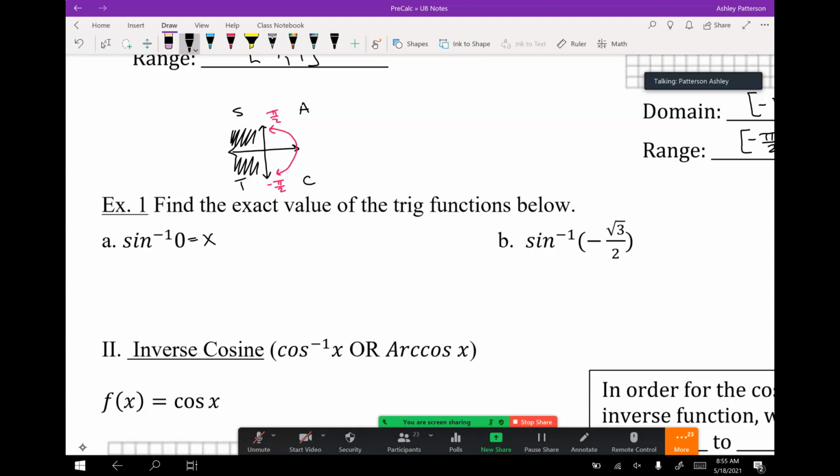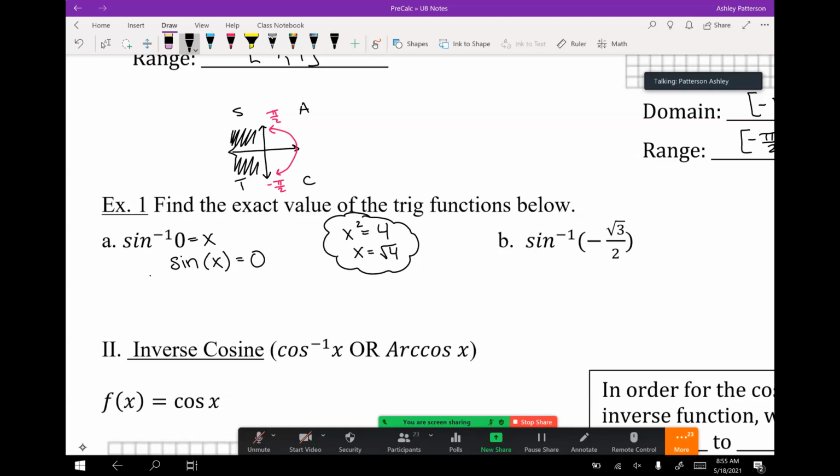We can say, well, shoot, the sine of what angle measure is going to give us 0. It's the same as if I were to say, okay, x squared is equal to 4. Well, you can tell me x is equal to the square root of 4. Those are inverse functions. So if I have the inverse sine of 0 equals x, you can rewrite it to be the sine of x equals 0.